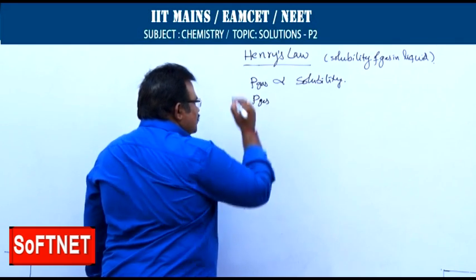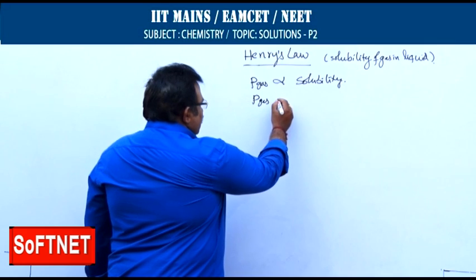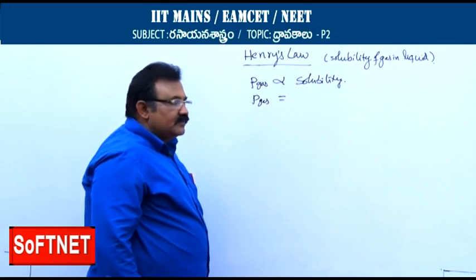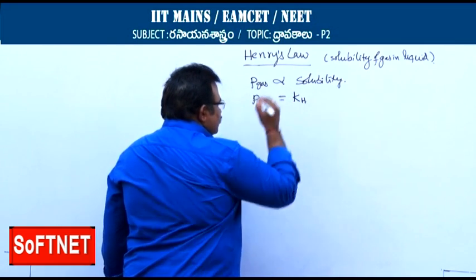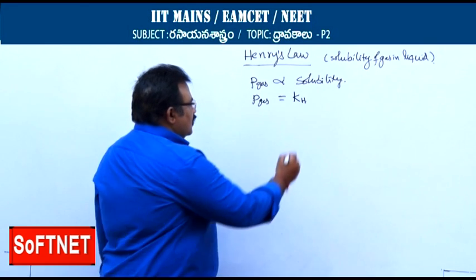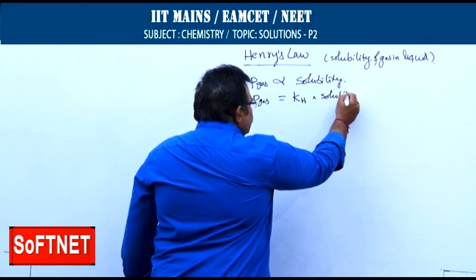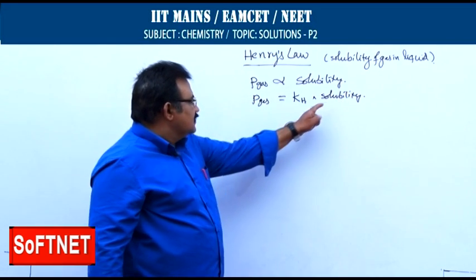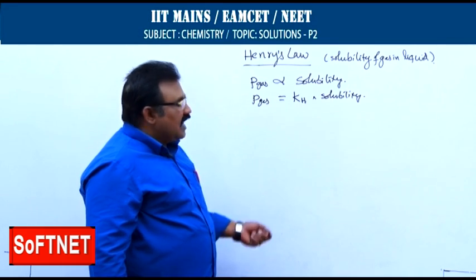Pressure of gas in vapor phase is equal to a constant kH into solubility. Generally, solubility is expressed in grams per liter.